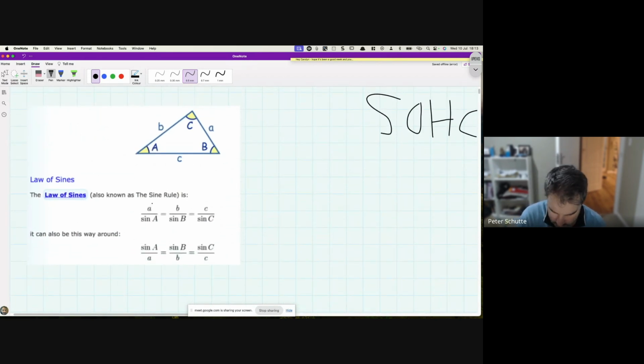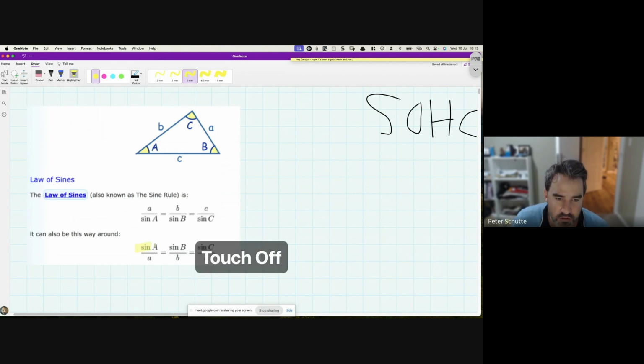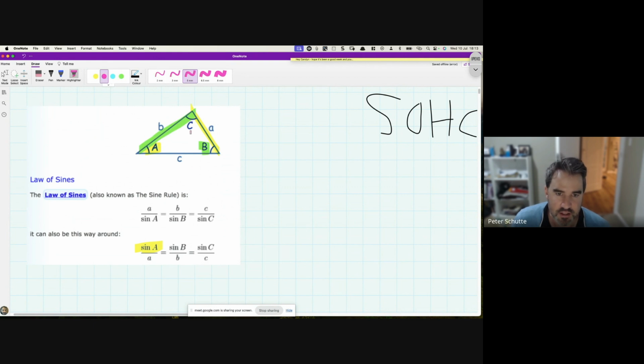And what the sine rule says is there are two ways of writing it. The one is to write it with the angle on top. So the sine of an angle divided by the side opposite is equal to the sine of another angle divided by the side opposite that, which is equal to the sine of another angle divided by the side opposite that.